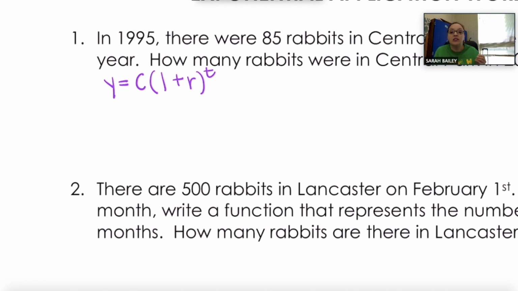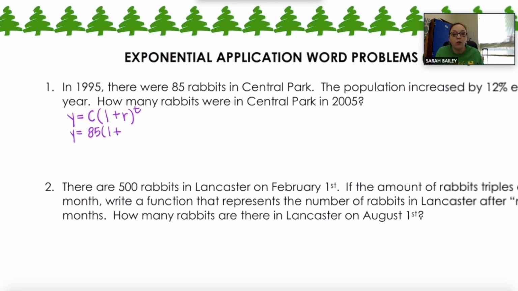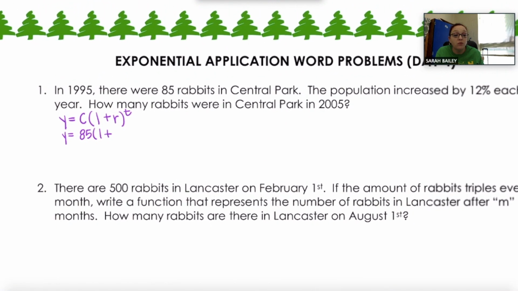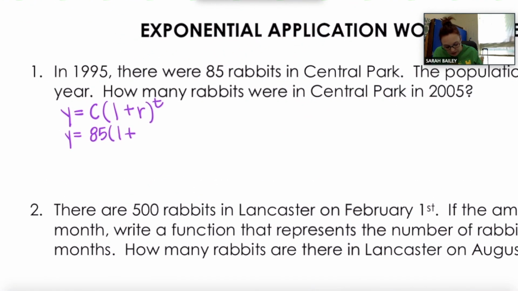So C is the initial amount, and it says that they started off with 85 rabbits, so C is going to be 85 times 1 plus. Now R would be my rate. It says it increased by 12%, so that's going to be 0.12 as a decimal, and then to the t power.